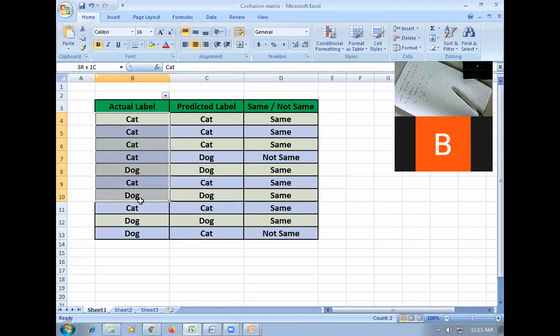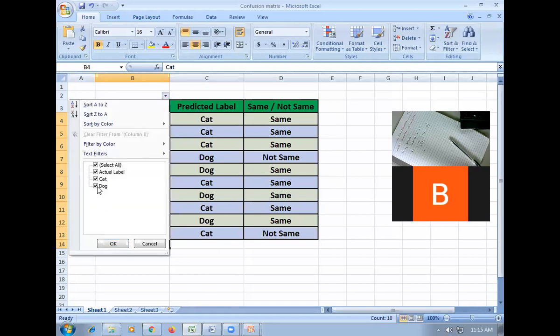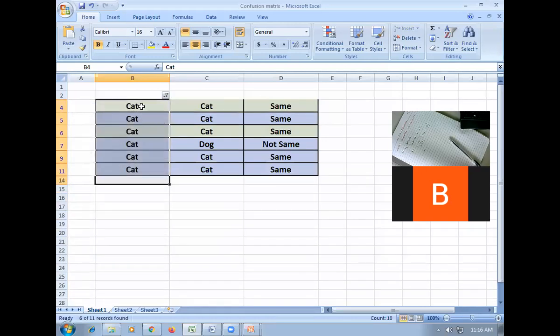How many labels are positive? If we apply the filter, what is a positive label? Positive label is cat. So how many labels are there? 1, 2, 3, 4, 5, 6. So in our case, POS value is 6. So this is the first one.